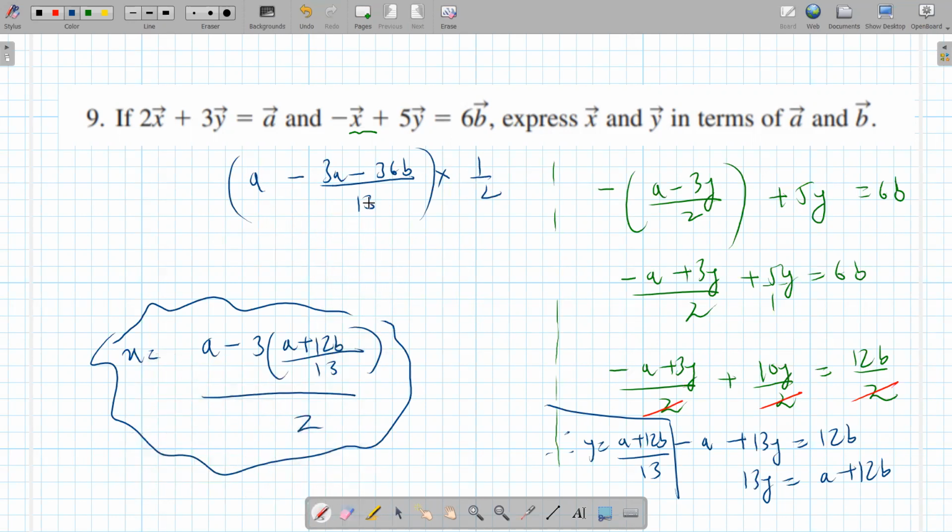Then we can take the common denominators, 13a minus 3a minus 36b all over 13 times 1 over 2. So what does this give you? This gives you 16a over 13, or 16a over 26 minus 36b over 26. And that's 8a over 13 minus 18b over 13.